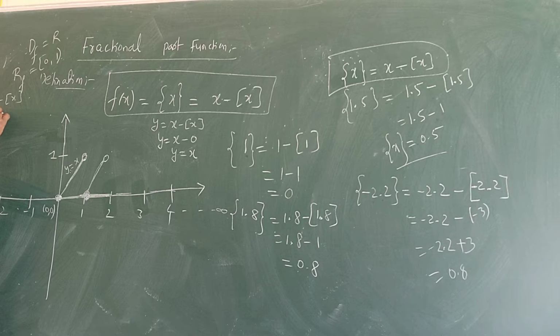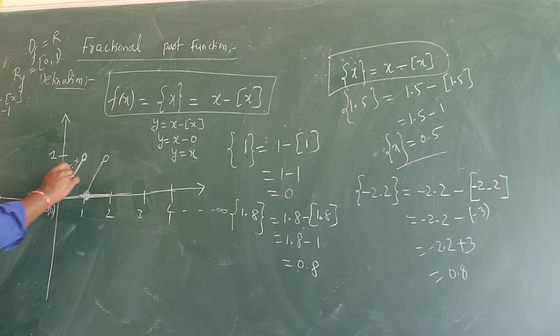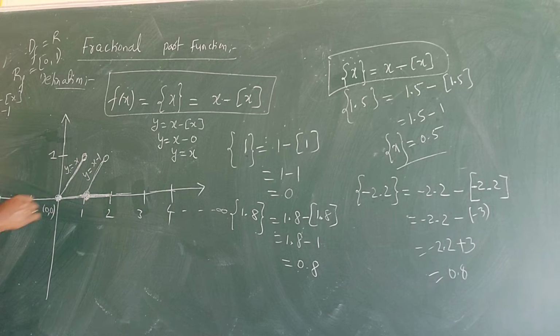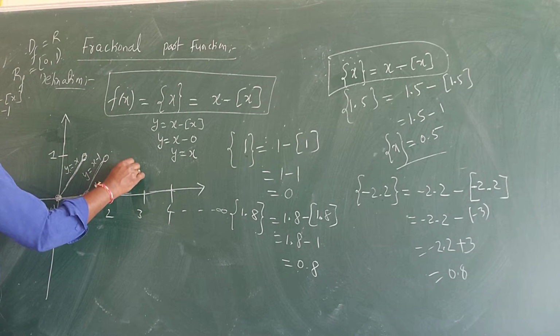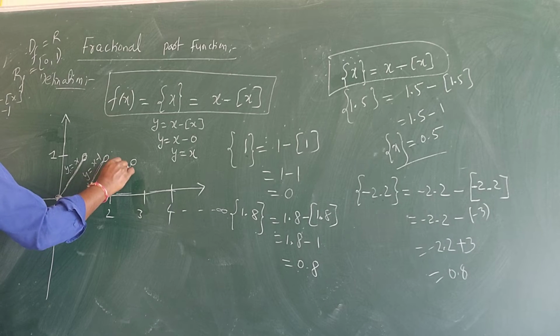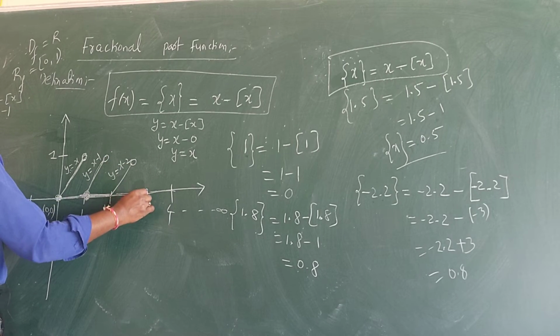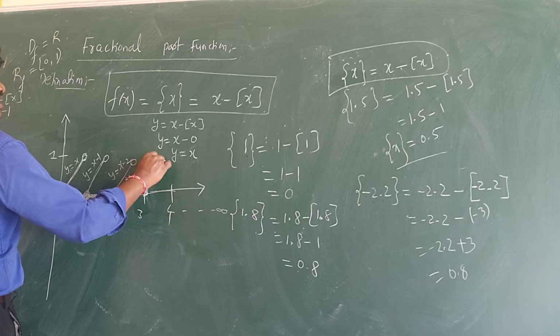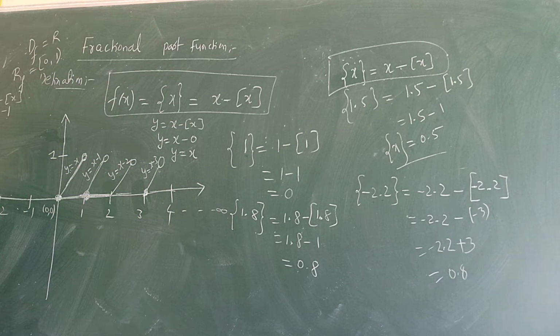So what am I going to get here? x minus 1. So this line is y is equal to x minus 1. Then the next line will be x minus 2. You need to remember this. Then y is equal to x minus 3, and so on you can write.